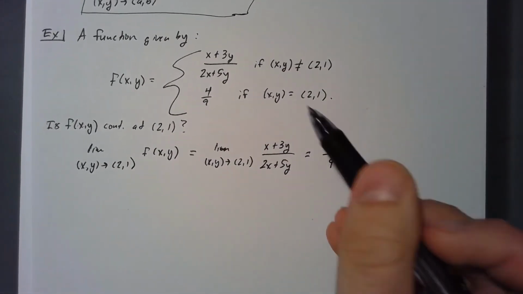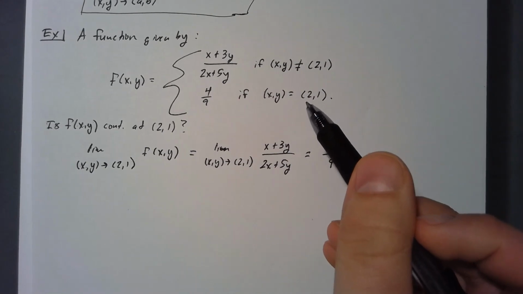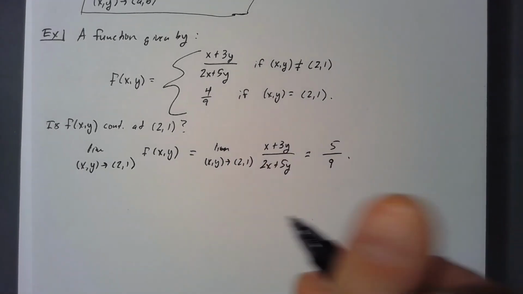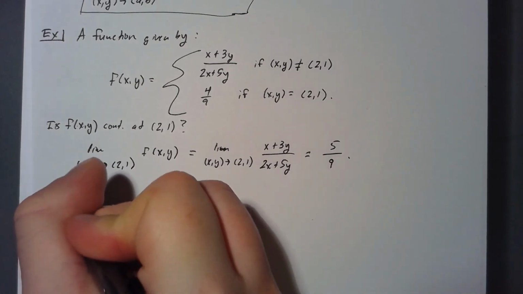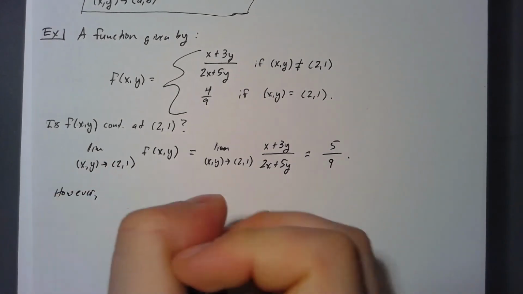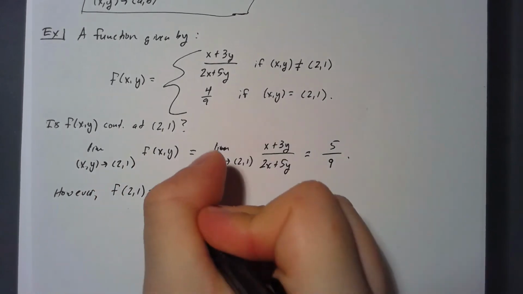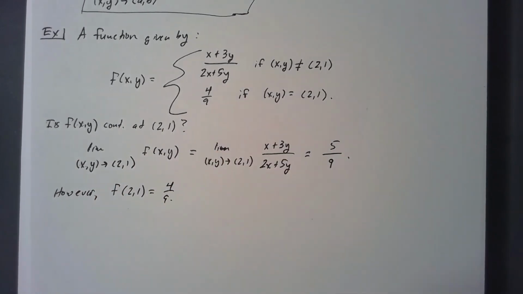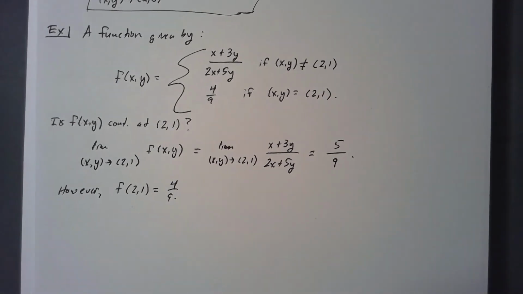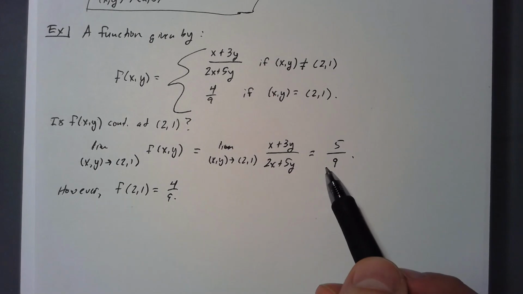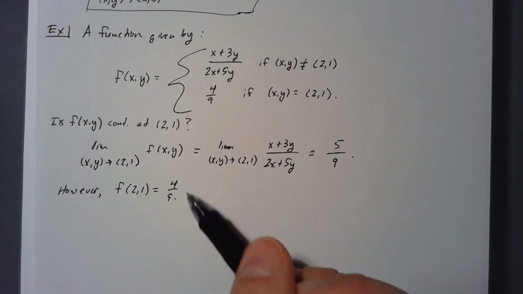But when I'm at 2, 1, what is my function equal to? It's equal to 4/9. They're not equal, are they? So the limit is approaching 5/9. We're expecting to get 5/9, but we actually get 4/9.